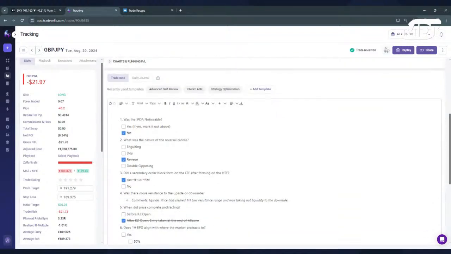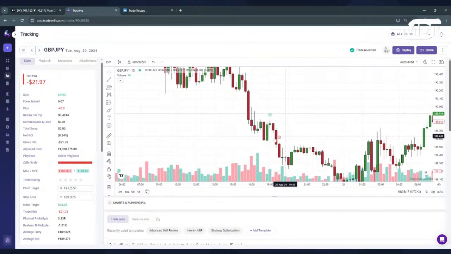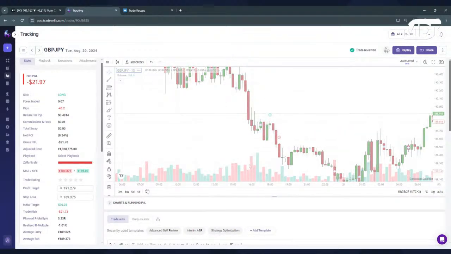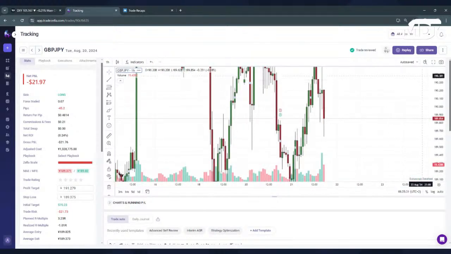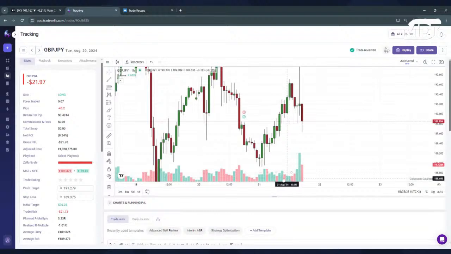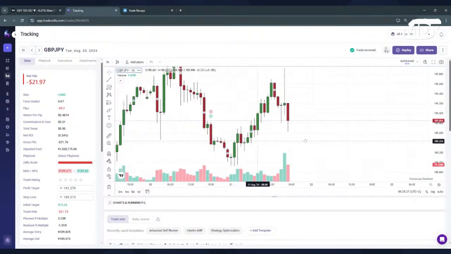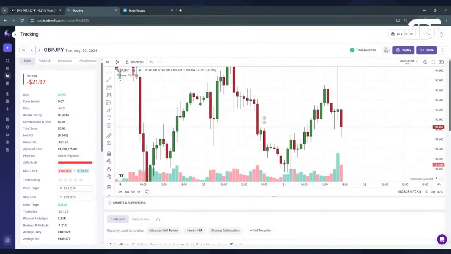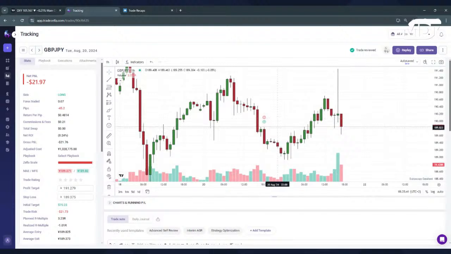Did a secondary order block form? Yes, 1 hour to the 15 minute. You guys can see this 15-minute bullish order block that formed here. If we just go to the 1 hour, where's the order block?